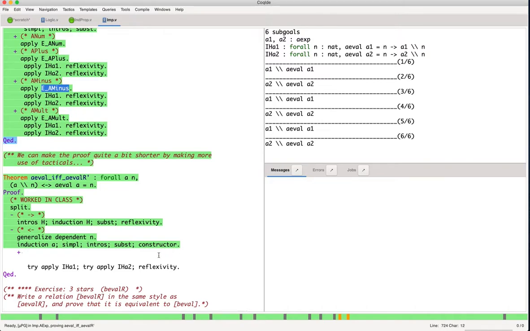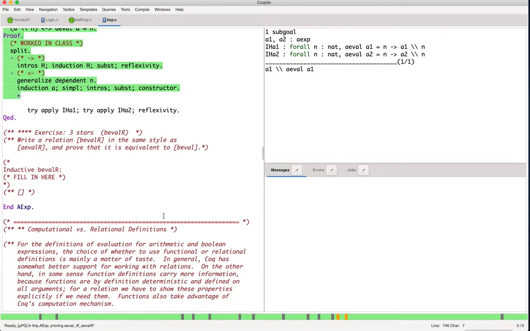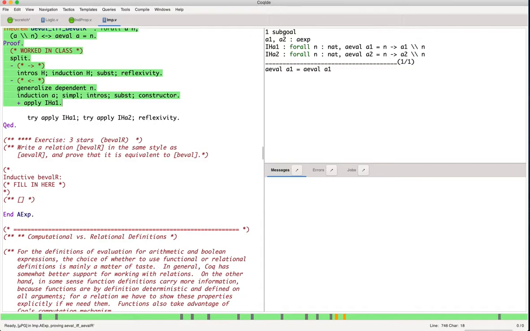And the way to solve one of those is, so here, for example, we would say, well, okay, this goal matches this conclusion of IHA1, right? So we want to apply IHA1, and then we're done.